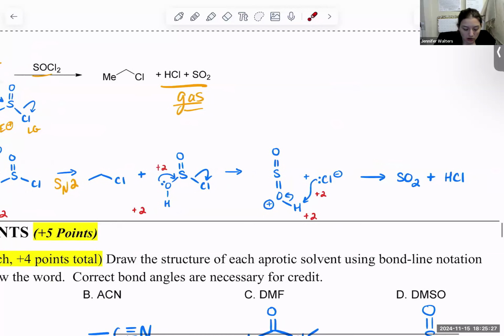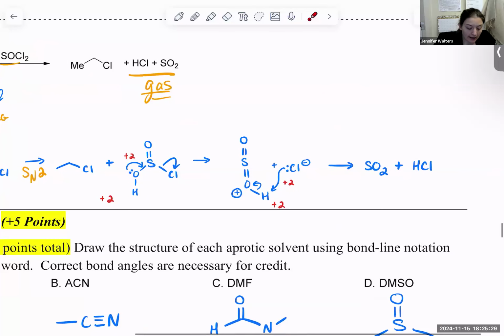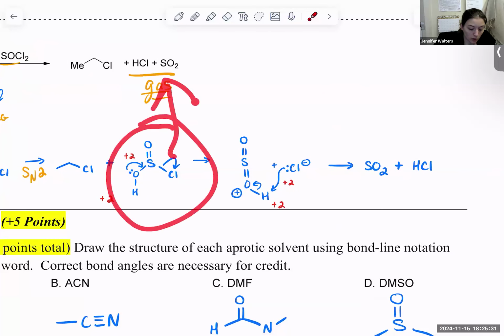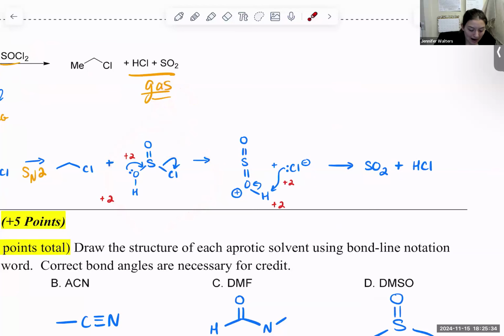So then the last part of this hurdle is just figuring out how do I turn this into those gases. So I need to break the sulfur chlorine bond, I need to make an oxygen sulfur double bond, and I need to break that hydrogen oxygen bond. So these were the steps that I showed you where the lone pair comes down and it pushes the chlorine out.